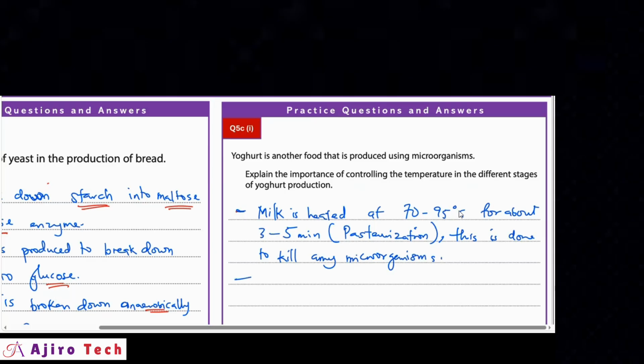So after pasteurization, you have to cool the heated milk to maybe 40 to 45 degrees. This temperature will not harm any bacteria culture that you are adding.